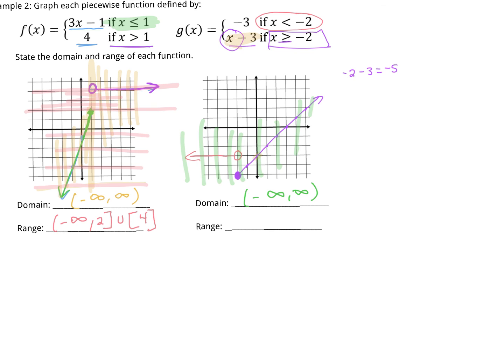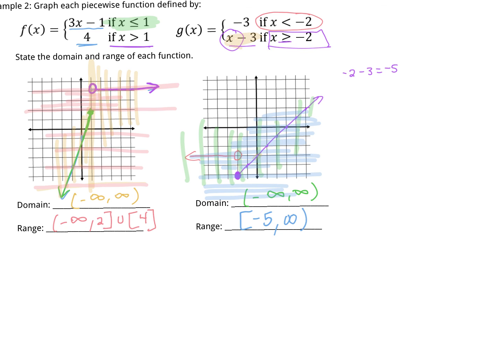If we start low, I'm not hitting points until this spot, and I keep hitting points. Even at -3, I'm hitting a whole bunch of points, but I continue to hit points. There's no break all the way up to +infinity. So my range is from -5, and we include that point, so we'd use our bracket, all the way up to +infinity.